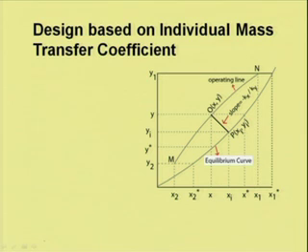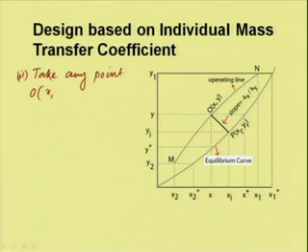Now, we will take any point on the operating line, say point O, which is x y.